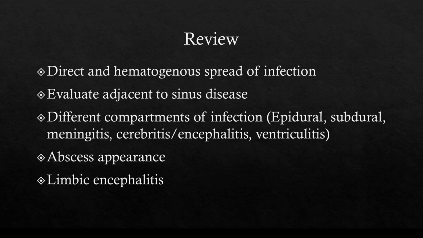We talked about the appearance of abscess with a dark rim of T2 hypointensity, but most importantly, central restricted diffusion, which is non-enhancing. And then we talked about limbic encephalitis as well.